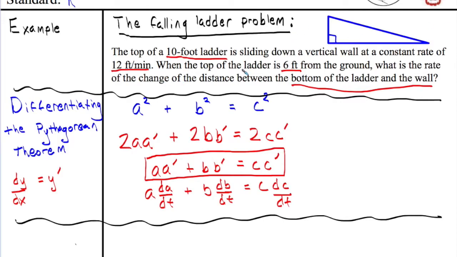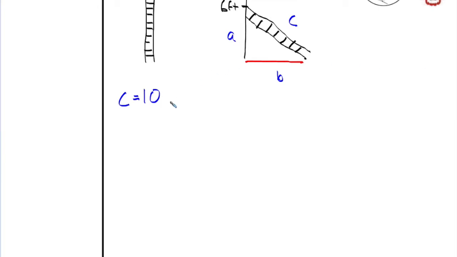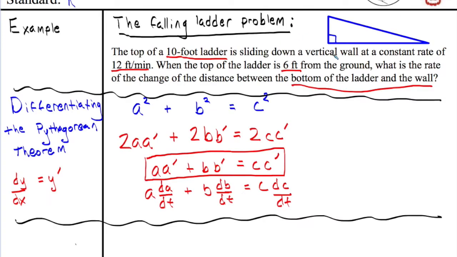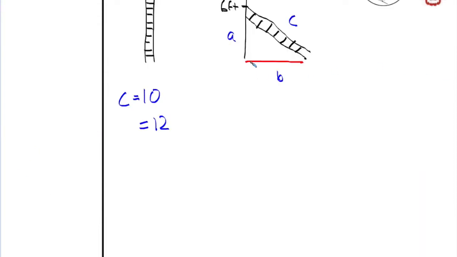So what else do we know? We know that it's sliding down in this up and down direction at 12 feet per minute. So what variable should we do, and what should we set equal to 12? R prime? Or is it like distance prime? No, it's one of these three letters, and I'll look at the question again. It's sliding down the wall. Which of those letters is down the wall?